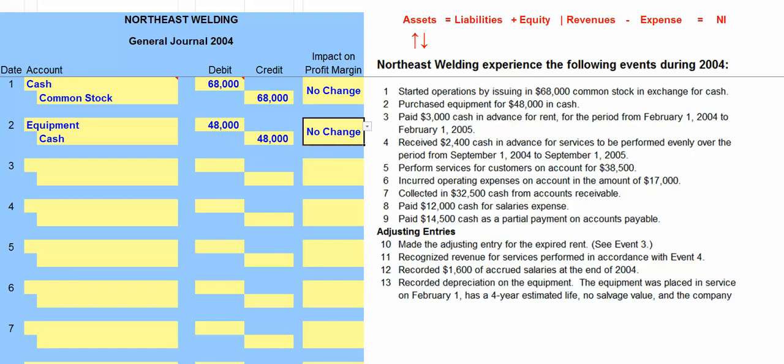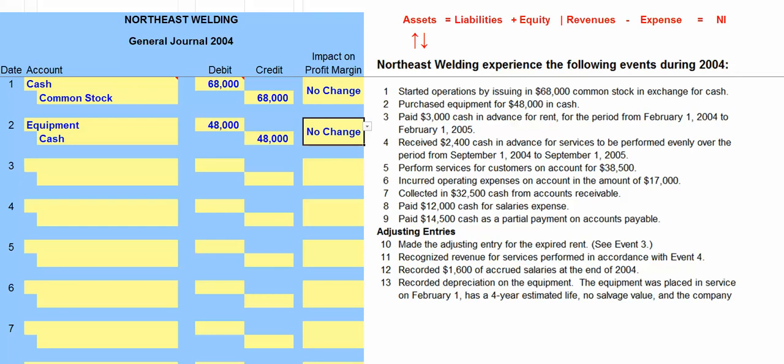In the third transaction, we pay $3,000 in cash in advance for rent for the period from February 1, 2004 to February 1, 2005. Since we're paying cash for rent in advance, we will record this as a decrease in cash and an increase in another asset, prepaid rent. And we can see the impact on our accounting equation.